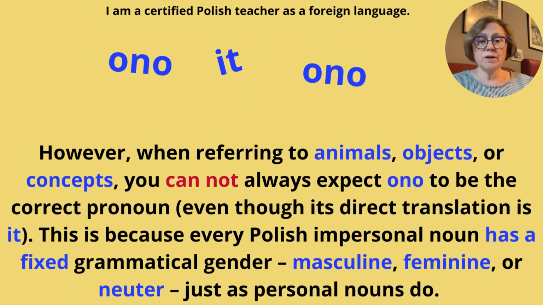However, when referring to animals, objects, or concepts, you cannot always expect ono to be the correct pronoun, even though its direct translation is it. This is because every Polish impersonal noun has a fixed grammatical gender, masculine, feminine, or neuter, just as personal nouns do.